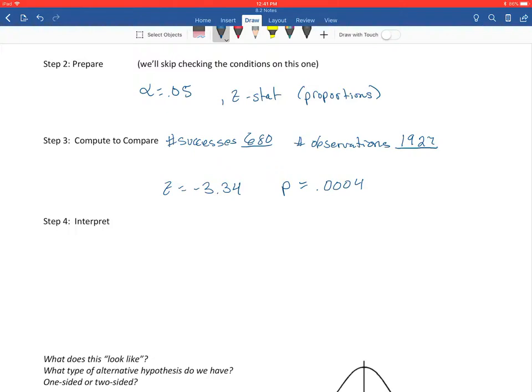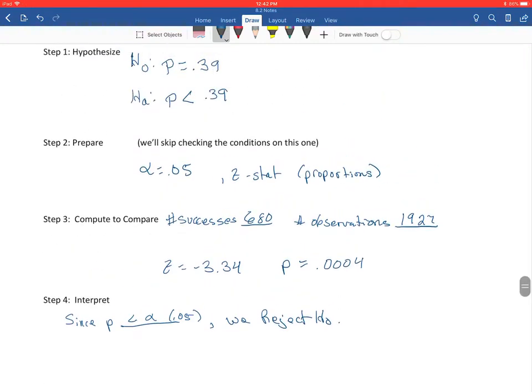And then the last thing to do is to take that p-value and use that to interpret. So I start these off the same way. Since P, and I compare it to alpha, alpha again being 0.05, so in this case it is less than alpha. So since P is less than alpha, we reject, again, smaller value, smaller sentence. We're rejecting the idea that it was still 39%.